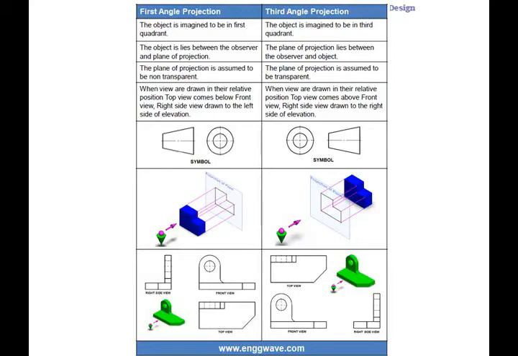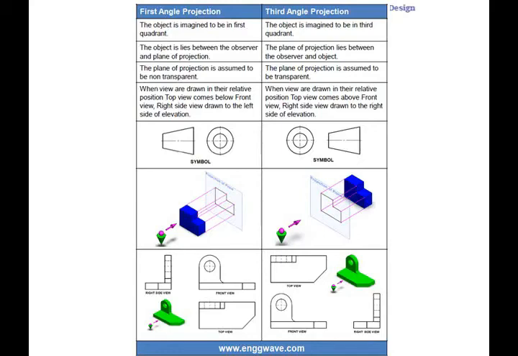The plane of projection is assumed to be non-transparent in first angle, so we have a shadow, and in the case of third angle projection we assume it is transparent, so we can see the other side of the plane and project that image onto the plane itself.